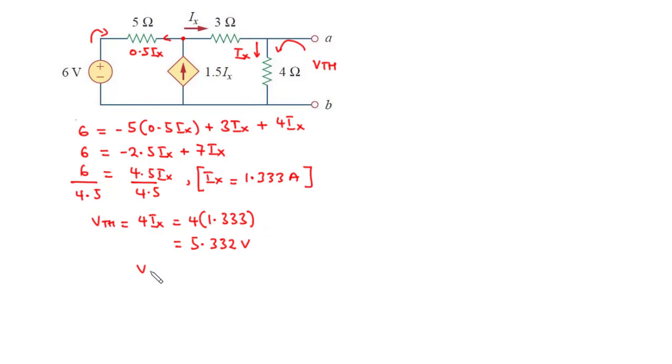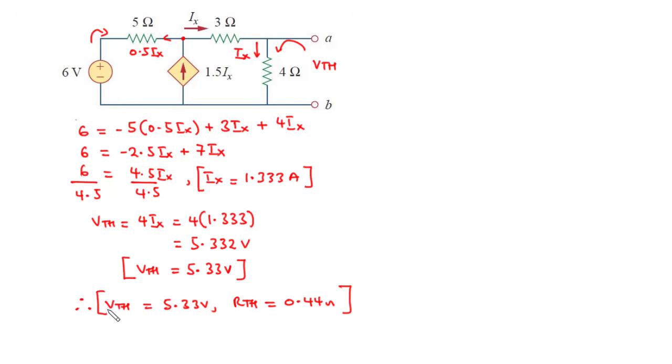Therefore, we have Vth equal to 5.33 volts to 2 decimal places. So we had Vth to be 5.33 volts, and Rth to be 0.44 ohms.